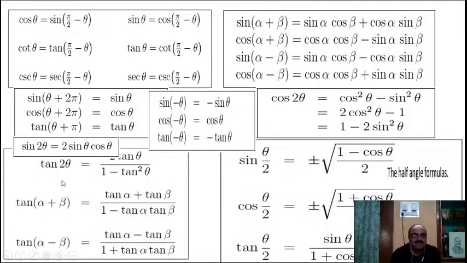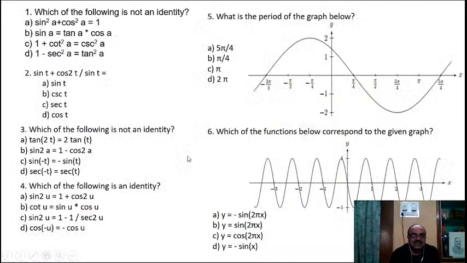See here, tan 2 theta is 2 tan theta by 1 minus tan square theta, but the rest they have given correctly. Sin of minus theta is minus sin theta. One more was on secant, so that I have not written here. Secant of minus theta and cos of minus theta are one and the same. It will be a positive value. Okay, and sin square a is 1 minus cos square a. So the first one is not an identity.